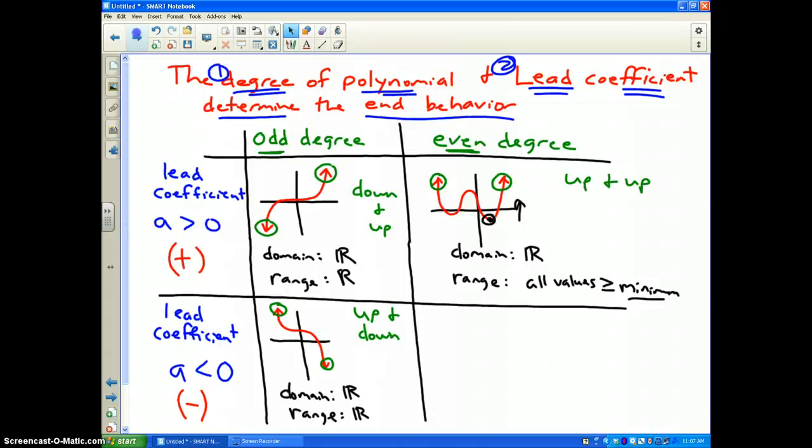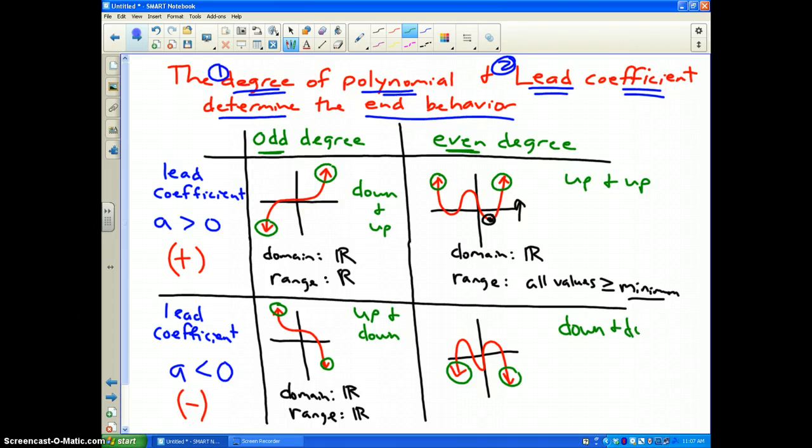And finally, if the lead coefficient is negative and it's an even degree, then your graph is going to be flipped the other way, something like that. This would be a down and a down situation for your end behavior. Down and down. Your domain, again, is still all real numbers.